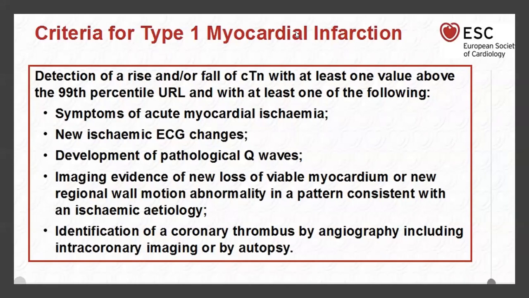There must be new ischemic ECG changes, development of pathological Q waves, and imaging evidence of a new loss of viable myocardium, or regional wall motion abnormalities that you can note from your echocardiogram that are consistent with ischemia. Or we can actually identify the coronary thrombus by angiography or intracoronary imaging or by autopsy.